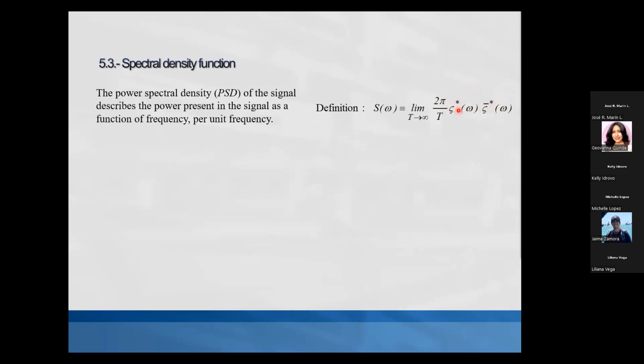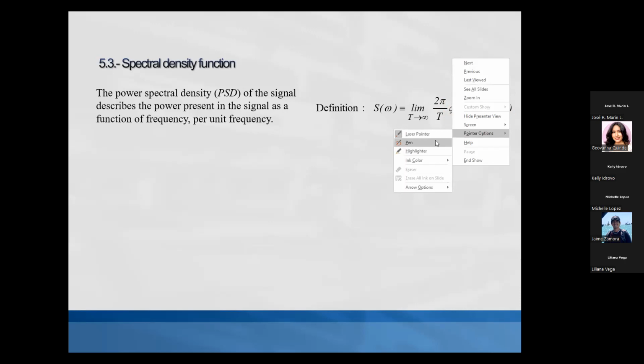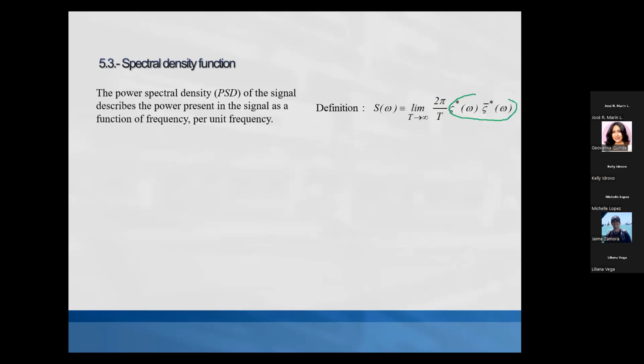What do you obtain here? You multiply this complex number by its conjugate. Mr. Zamora, what do you expect when you multiply a complex number times its conjugate? What do you obtain? Do you remember? The value of the real part.